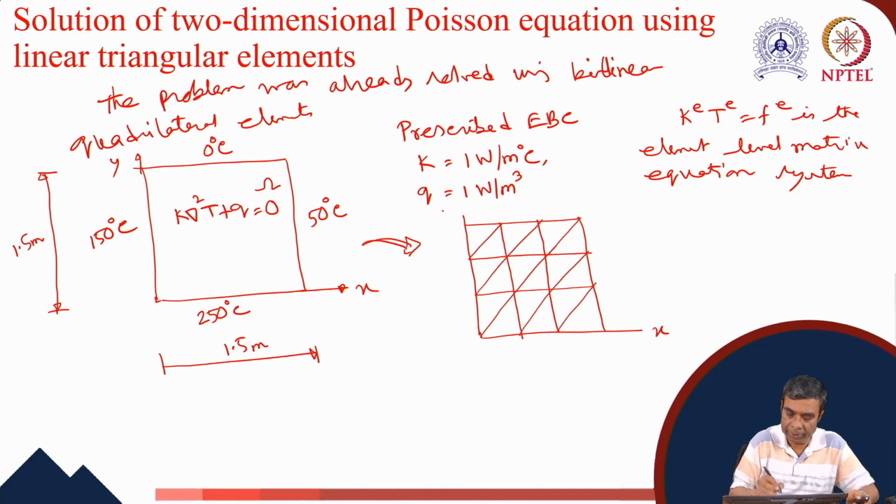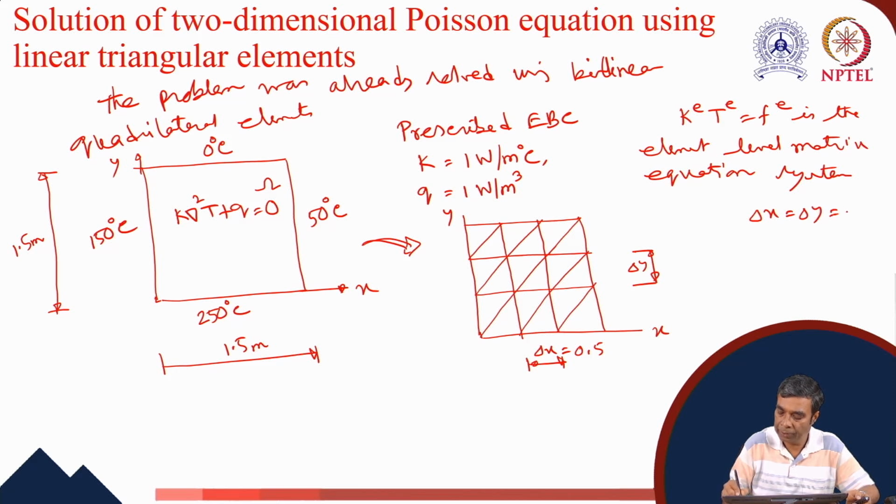So this is the x-axis, this is the y-axis. So this is delta x equals to 0.5 and this is delta y. Delta x equals to delta y equals to 0.5 meter.